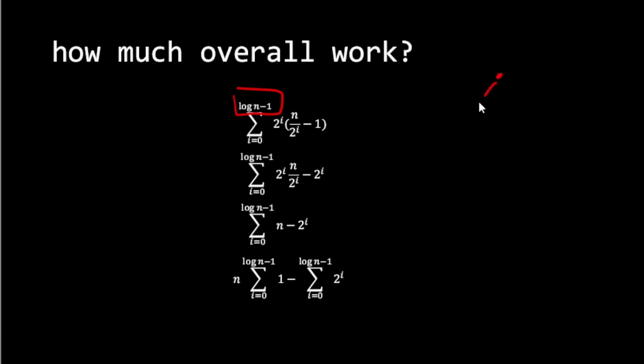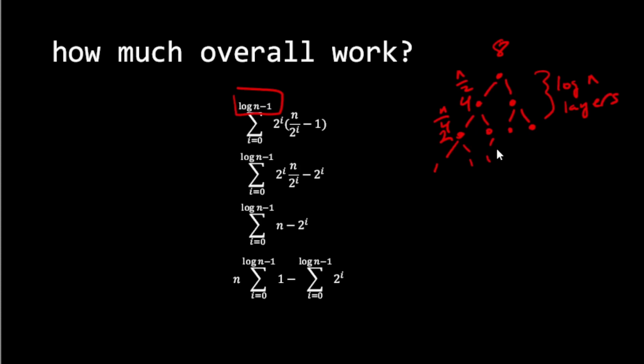That's because if you have some n, then just hope you remember from your binary tree, if we divide by 2 at each layer, then there will be log n layers. Let's say we have an 8, and we divide by 2 to get 4, 2, 1. We could have another 1s down here. That'll be log n layers.